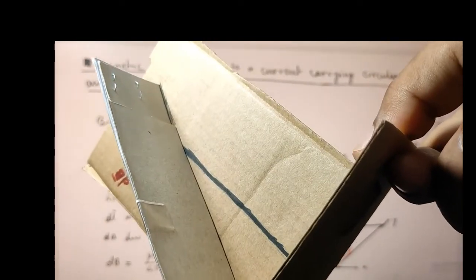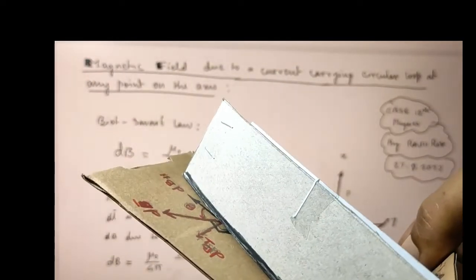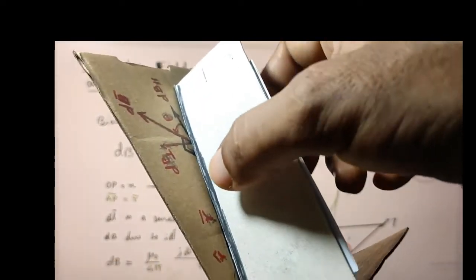And this is the axis. Okay. And this is the point P. So you look here, this plane and the plane containing the r vector.